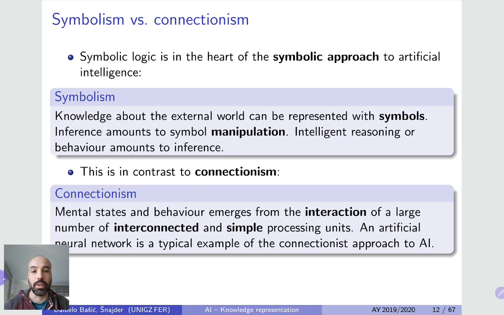A case in point is a neural network, where you have a large number of simple processing units called artificial neurons, and they are interconnected, and based on the weights between these neurons, they eventually turn out to do some intelligent mapping of input to output, right? So that is the other school of thought, connectionism.